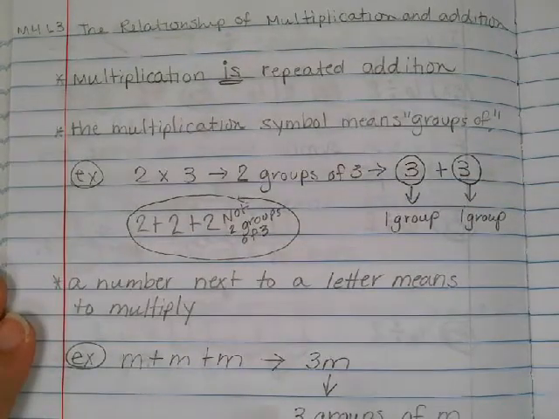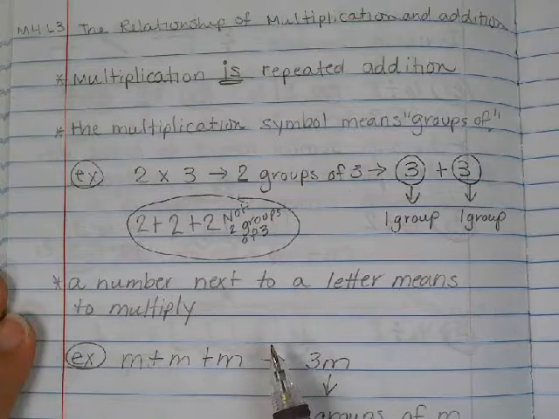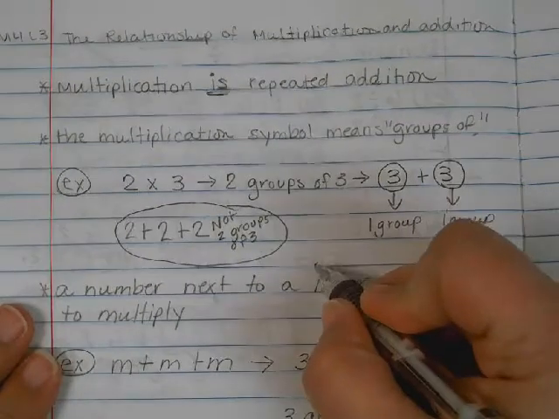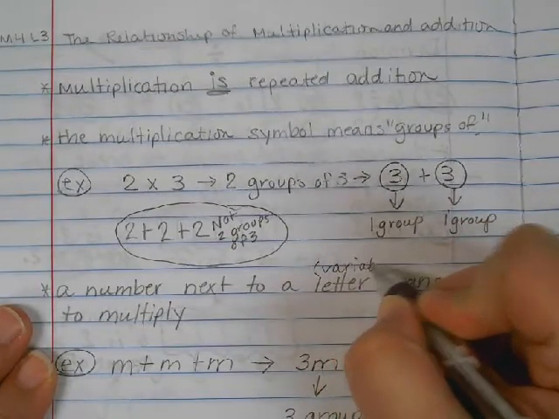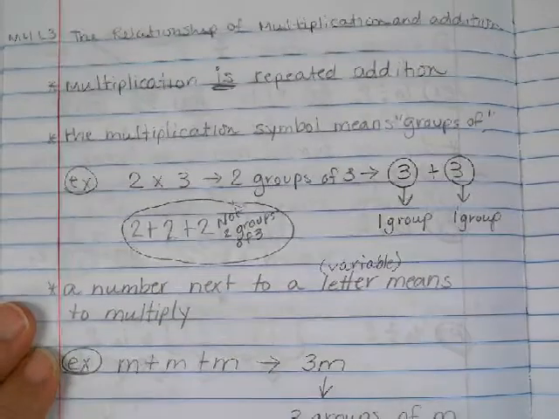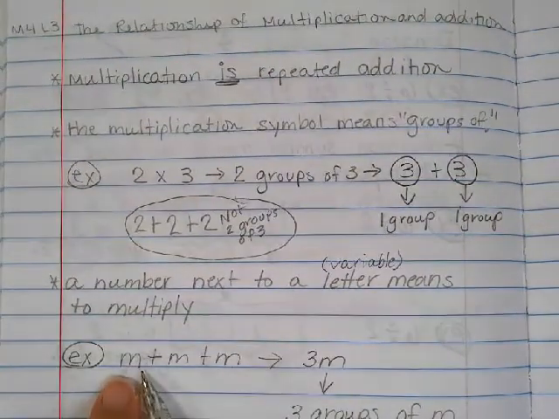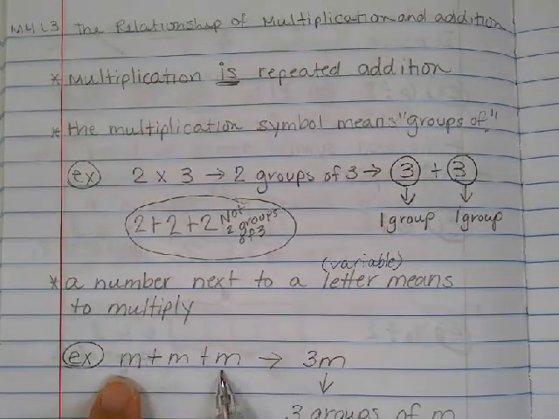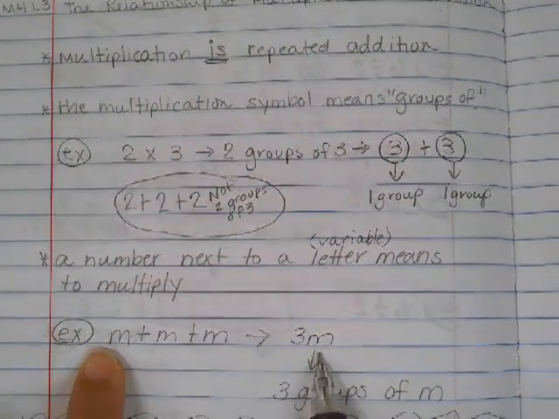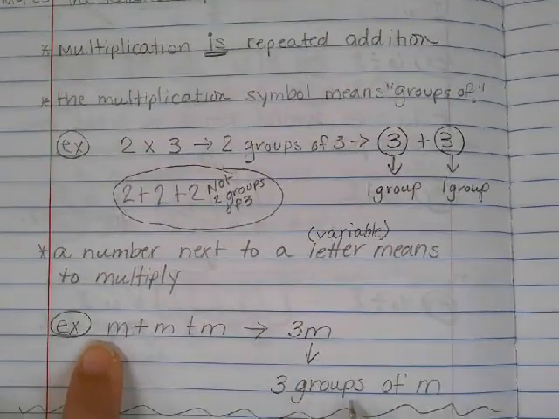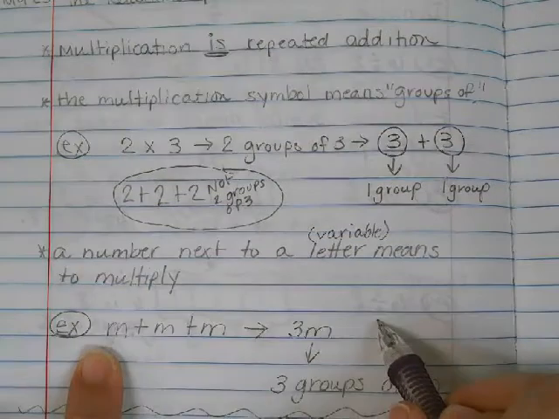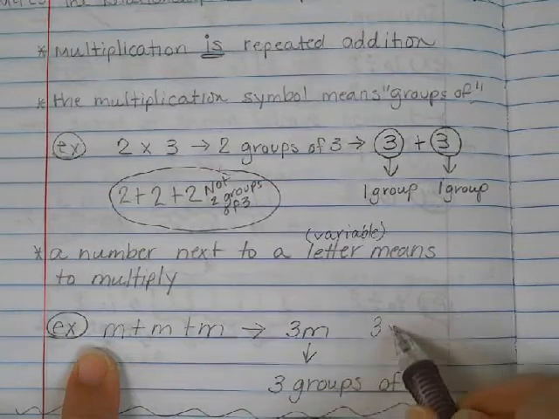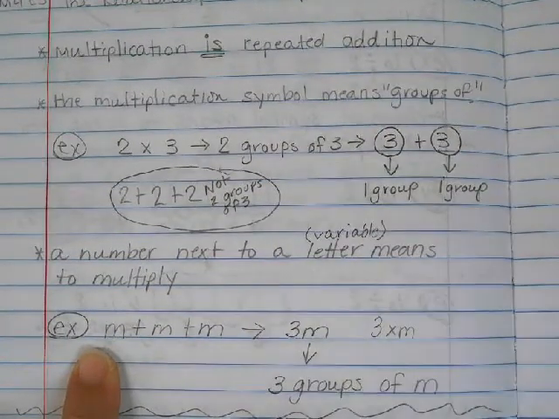Next, remember that a letter next to a number means to multiply. So remember that mathematical term is variable. So for example, m plus m plus m is the same as 3m, which means 3 groups of m. This 3m would be like writing 3 times m.